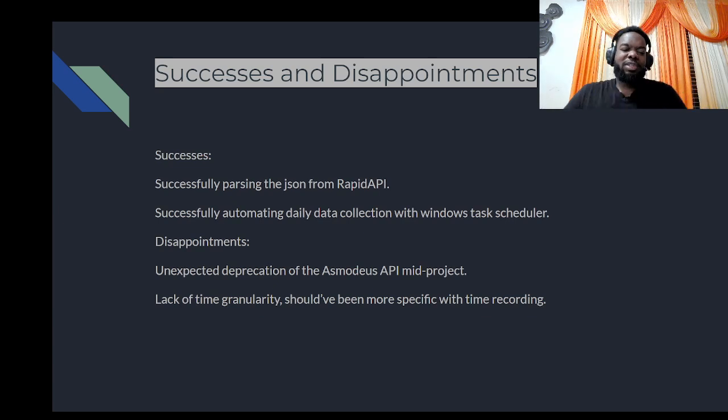For disappointments, I originally wanted to use Asmodeus, but we had to switch to another API, Booking.com from Rapid API. My next disappointment is the lack of time granularity, meaning I should have been more specific with recording the time.